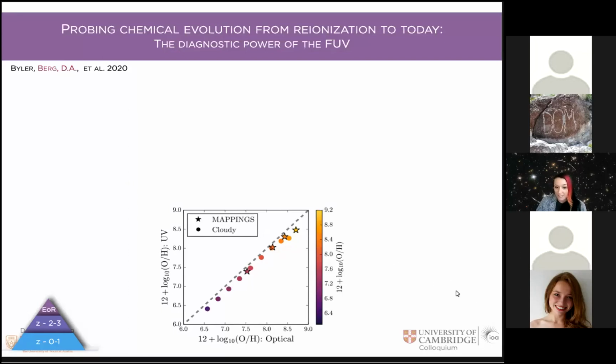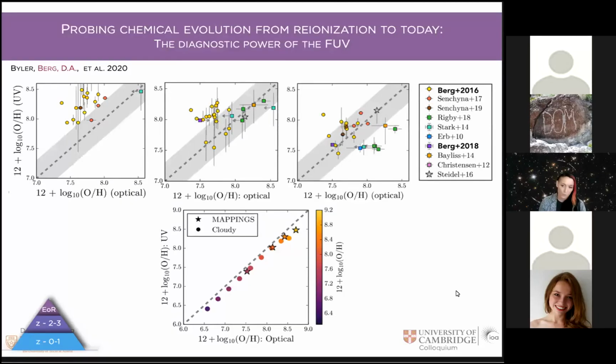However, so far in practice, when we take different observations we have of both nearby galaxies as well as more distant galaxies and lensed galaxies, and we try to do that same practice of using the predictions from photoionization models to get UV and optical metallicity, we find these really large scatters around these trends.